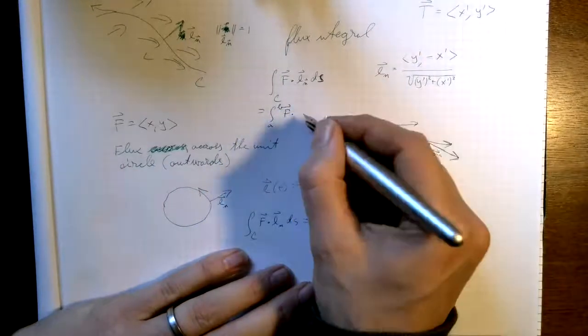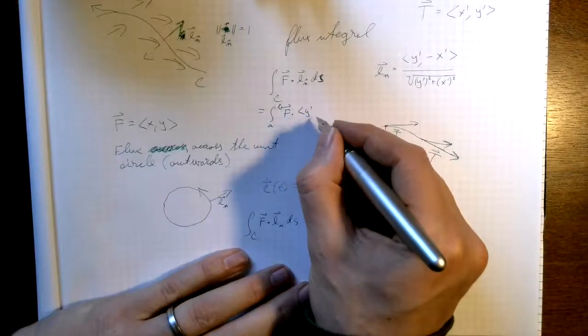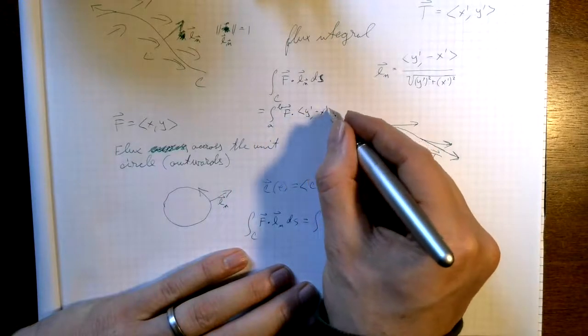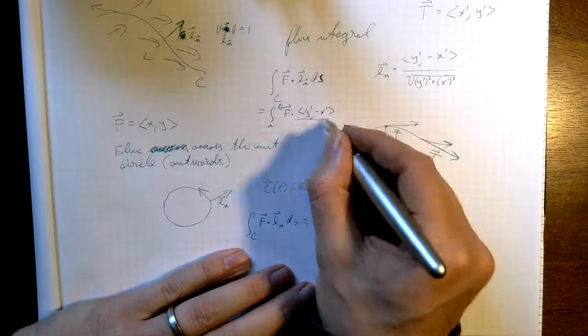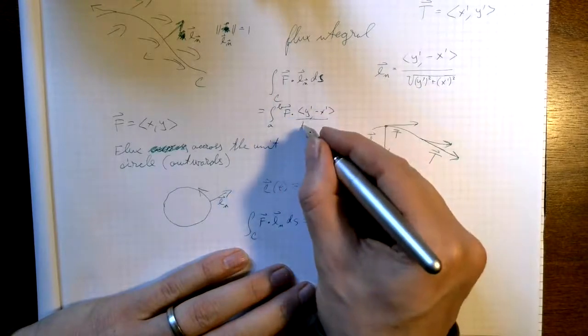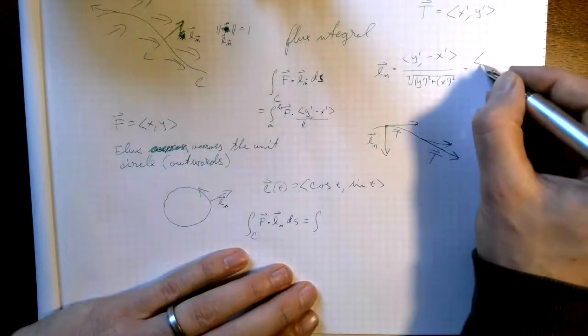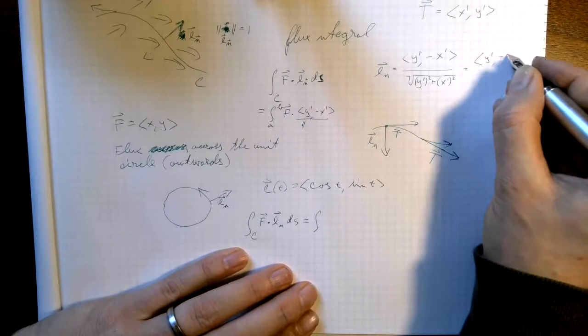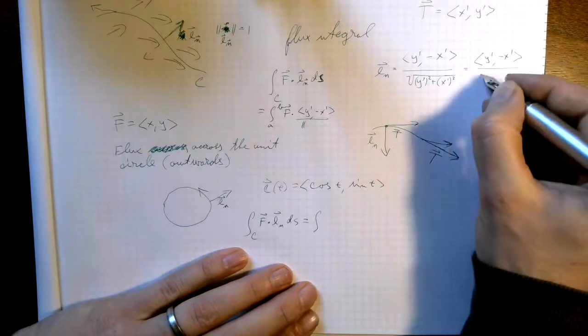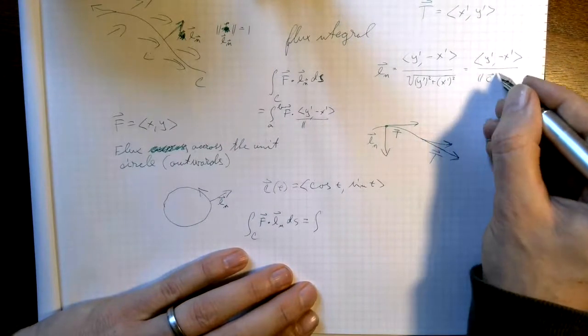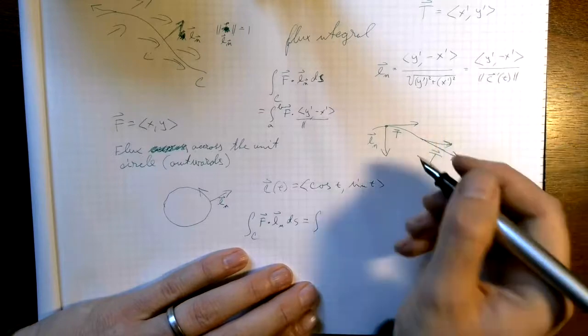If C parameterizes the path, then this is y prime minus x prime, divided by the speed, just like before.